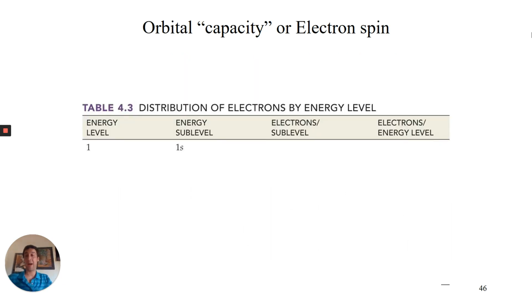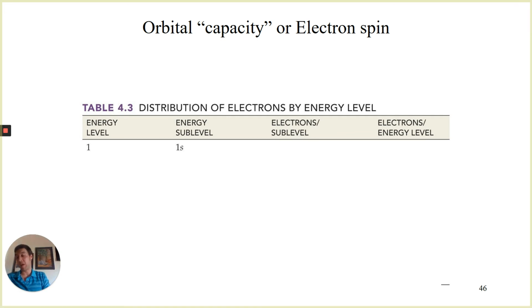So our capacities, what this is trying to get you to think about is how many electrons fit in each of these systems. If we look at the first energy level, there's only the S-type orbital. I can only fit 2 electrons in that S orbital, which means for the first energy level, I can only fit 2 electrons. What happens when I move to the second energy level?